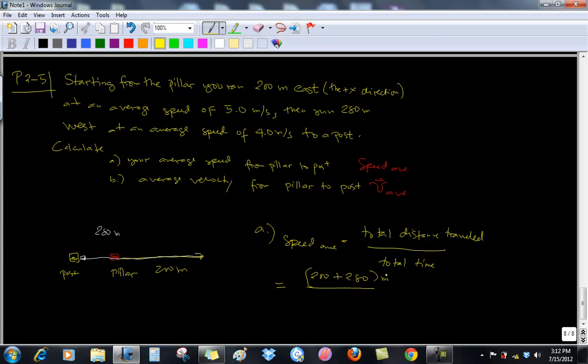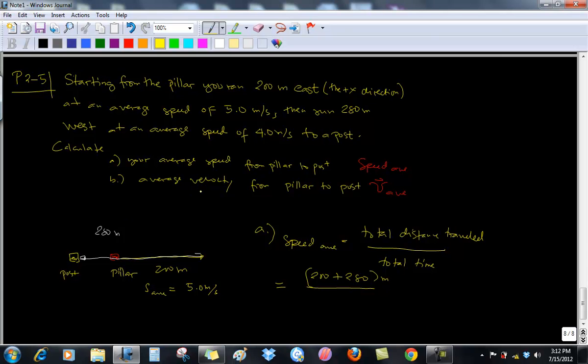However, this is a bit tricky. What is the total time needed? The problem doesn't say how long it took from the pillar to this point, but it gives you the average speed. For the 200 meters, your average speed is known to be 5.0 meters per second.